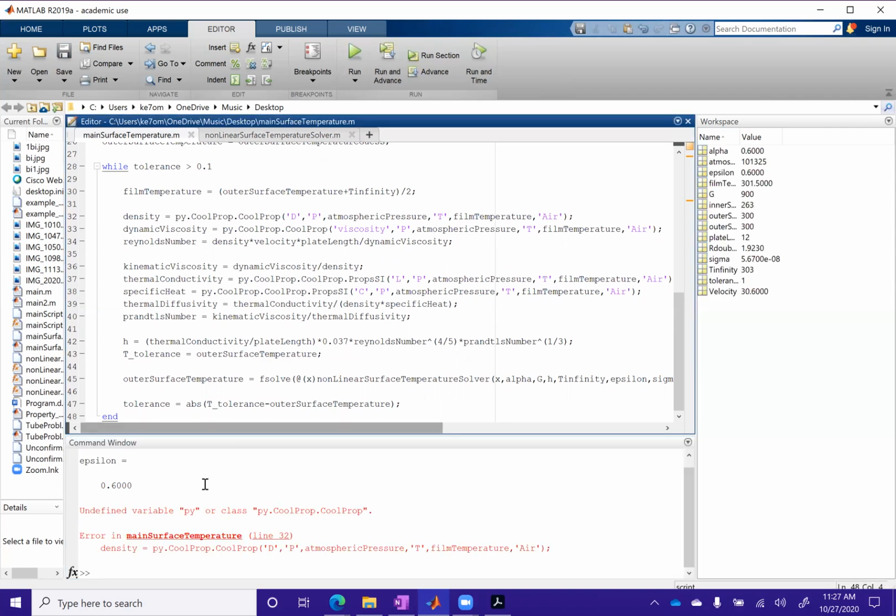Okay, undefined variable pi. Oh, so you'll notice here I missed my dot props SI in line 32. CoolProp.CoolProp.props SI, and then here dot props SI. Yep. Okay, let's see.